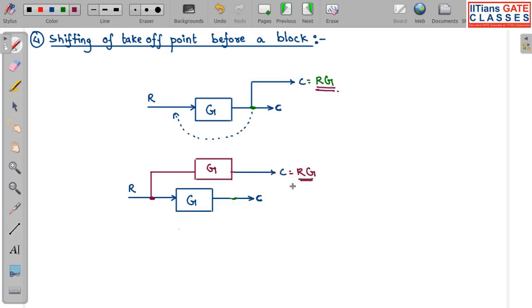That is why in textbooks you always see that whenever you take a takeoff point behind a block, you simply multiply with the gain of the block in that path of the takeoff point. That's what I have done. But the actual maths behind it is that you need to maintain the output of your takeoff point the same before and after shifting. So whenever you want to take a takeoff point behind a block, simply multiply with the gain of the block behind which you are taking the shifting point.